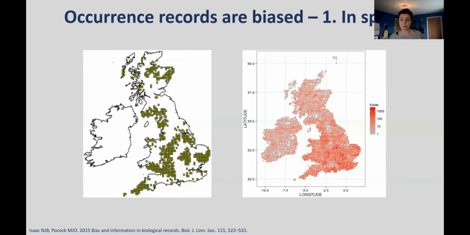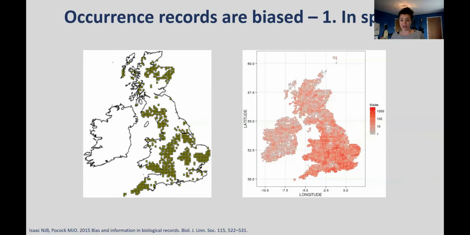So what you see in this map on your left is the distribution of records for one species of dragonfly across the UK for 1 year of recording. And you can see how this distribution is really patchy. So some areas are more covered than others, and there are a lot of big gaps. The coverage is not great.